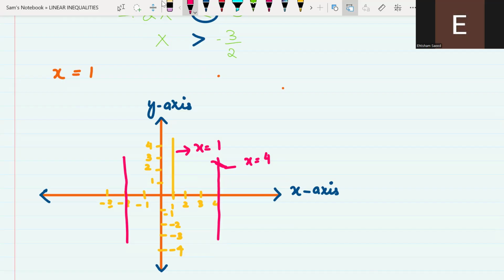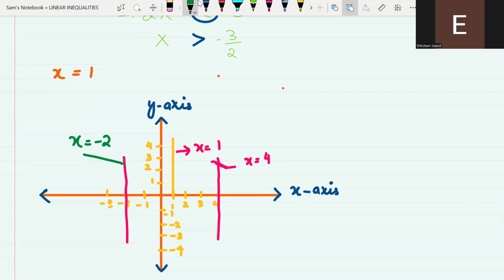Xenia, what will be the equation of this line? X is equal to negative 2. Because this is passing through the x-axis, that's why we call it x equals negative 2, right?